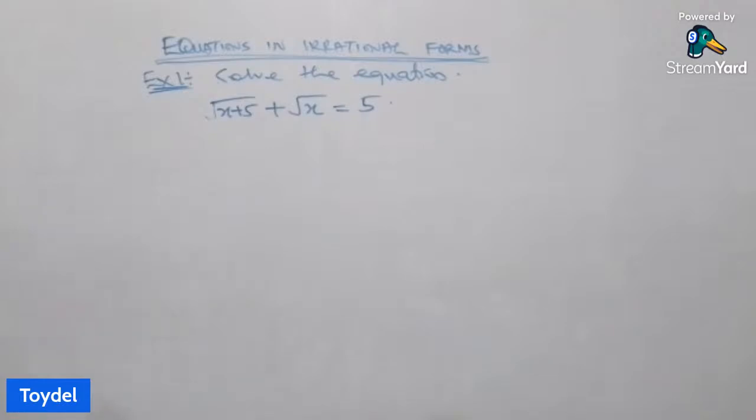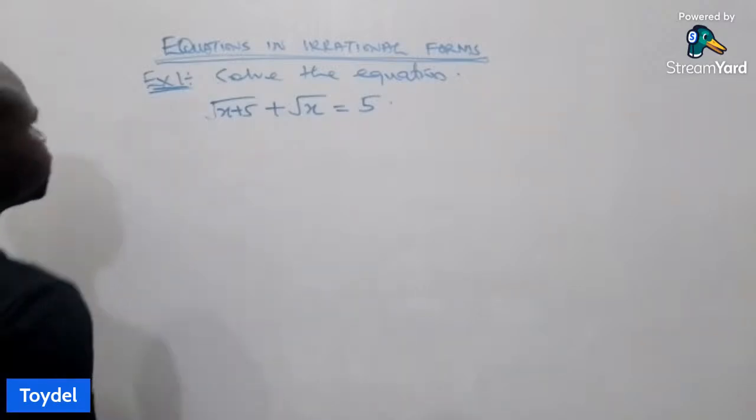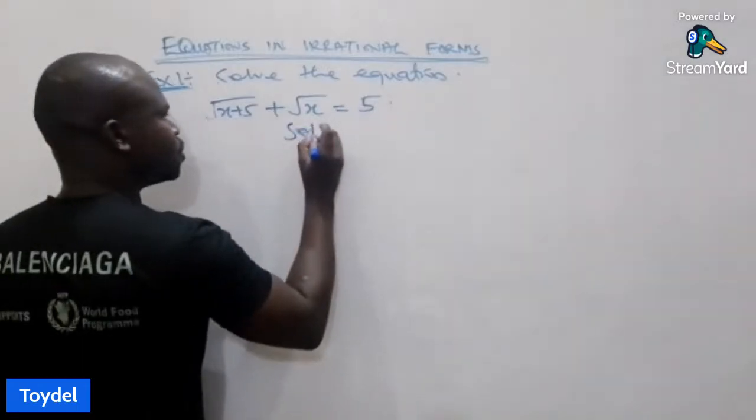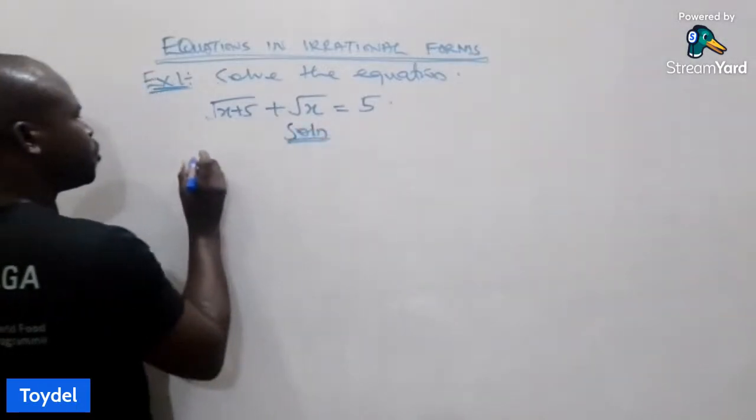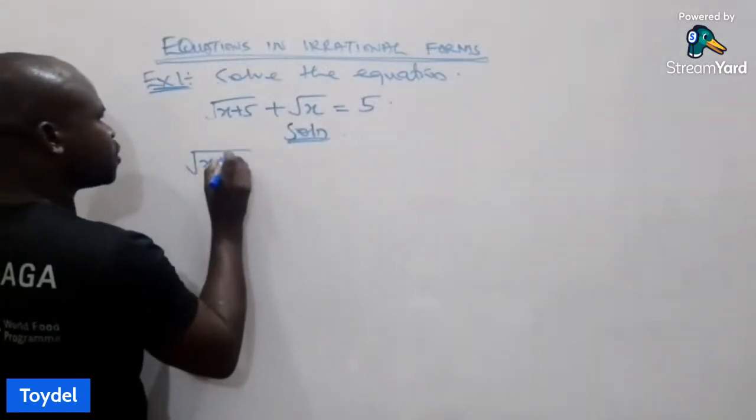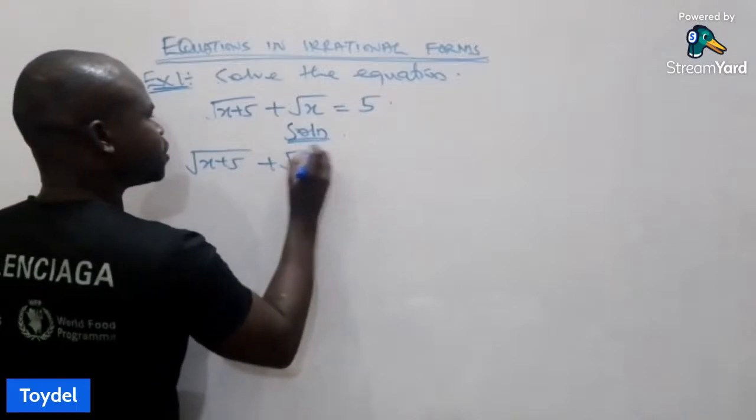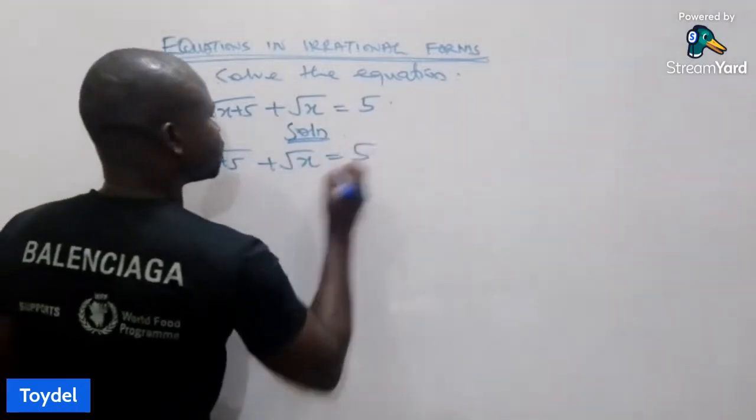So let's take this as the first example. So what do we do here? Now let's move. Solution: we have square root of x plus 5 plus square root of x is equal to 5.